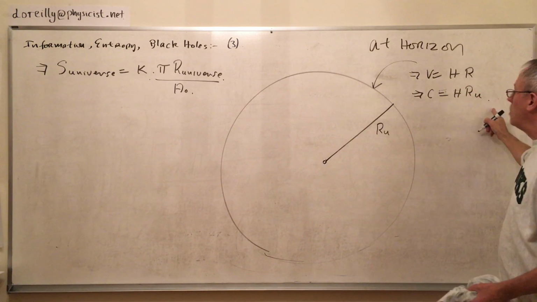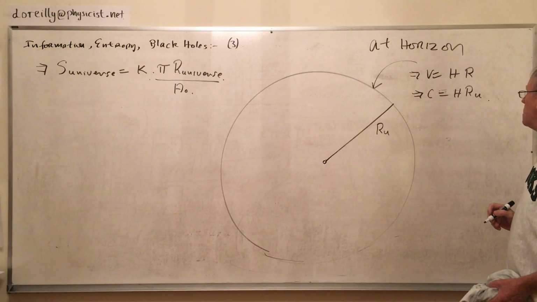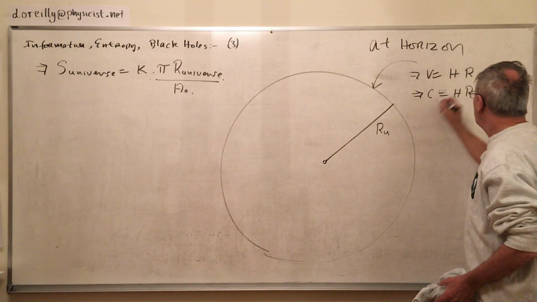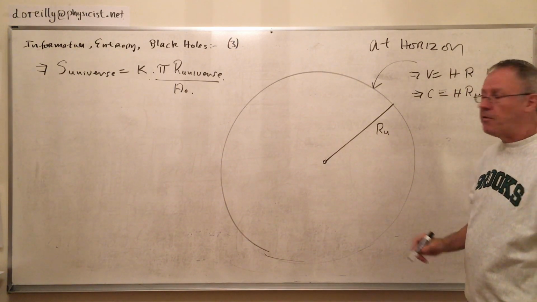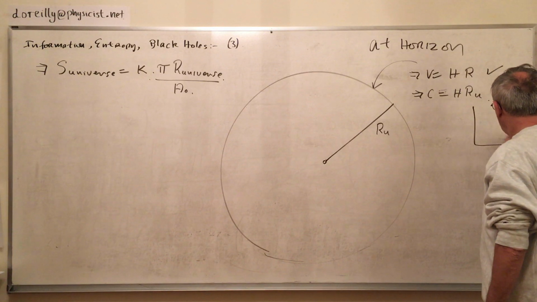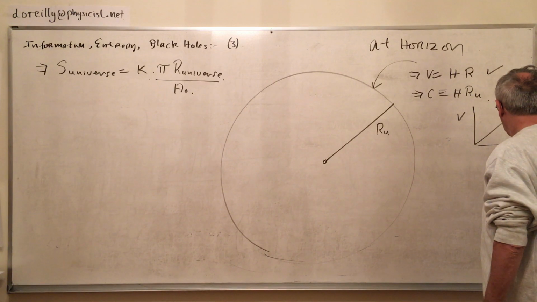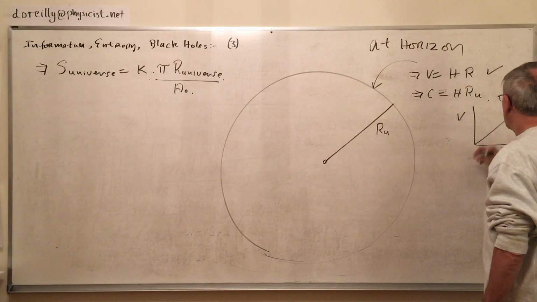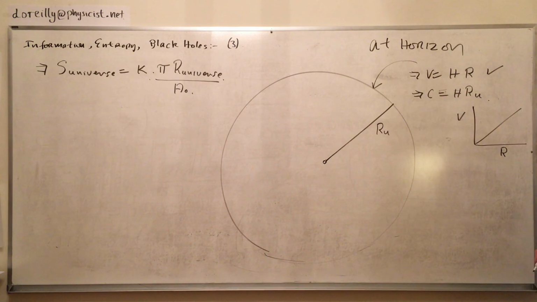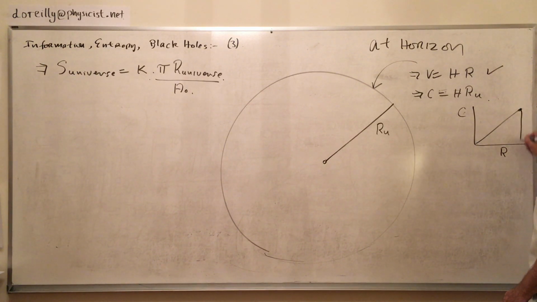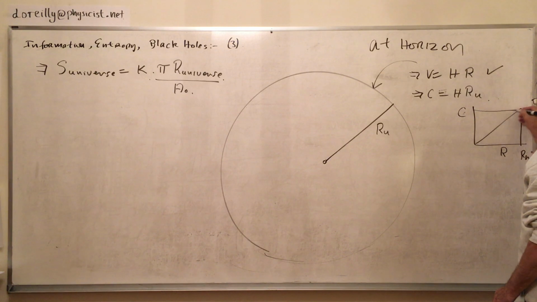So at the radius R of the universe, the speed of light is the recession speed, and c is H times R. Now this is Hubble's law, and I've discussed that before. It means that the further you go away, the bigger your speeds are, and it's a straight line graph through the origin, right? So at some point, we're going to get c, here at the edge of the universe.